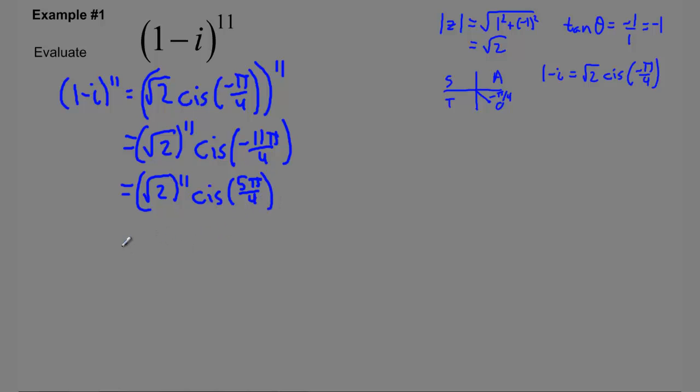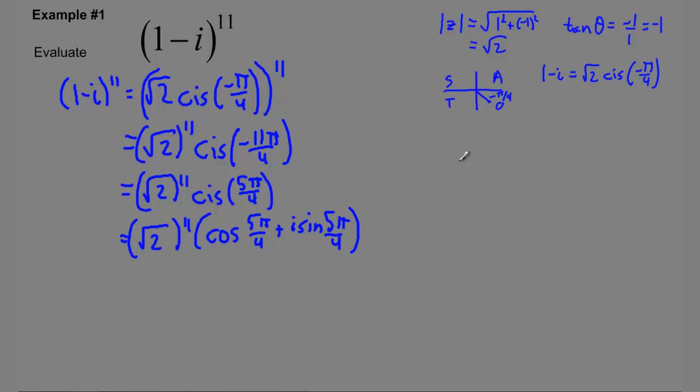So let's keep working with that cis. So let's keep the root 2 to the 11th outside. And a good review here again, cis is really cosine 5 pi over 4 plus i sine of 5 pi over 4.